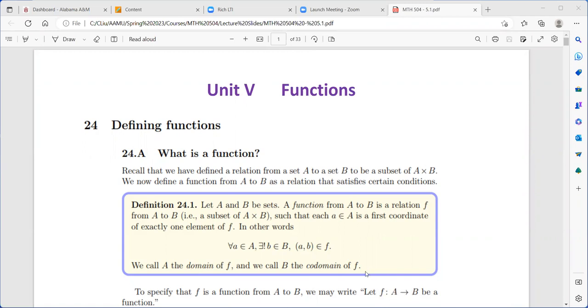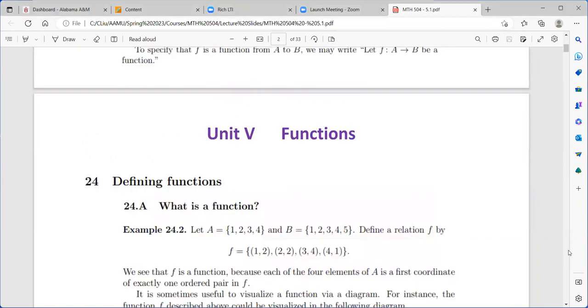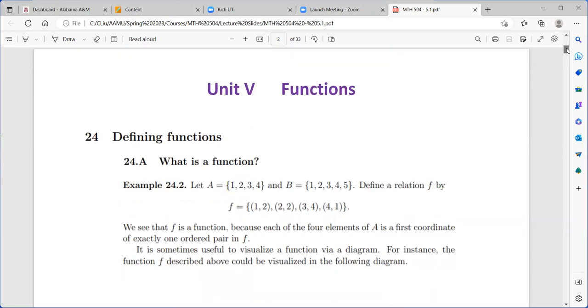That means the same thing as the definition here. So that gives us a slightly different way to define the function, but it's more precise. All the concepts are precisely defined.